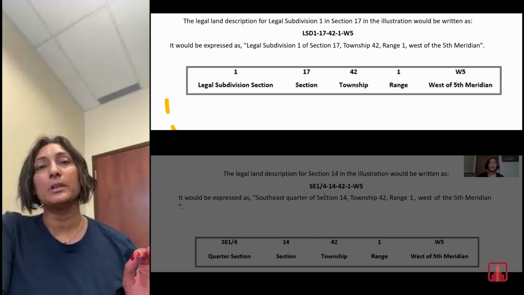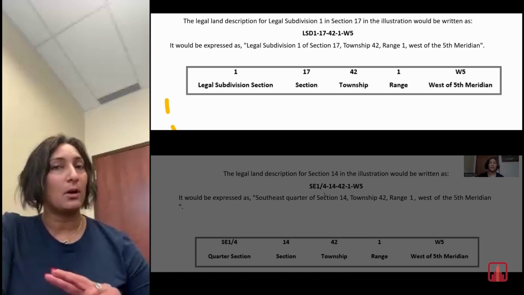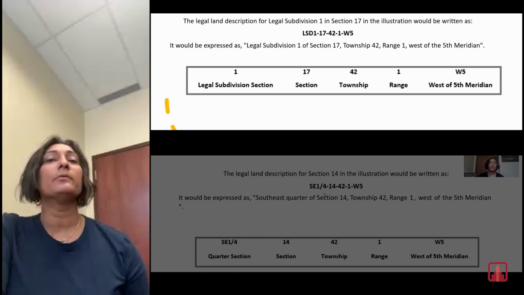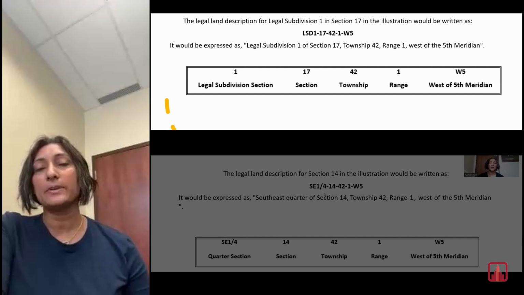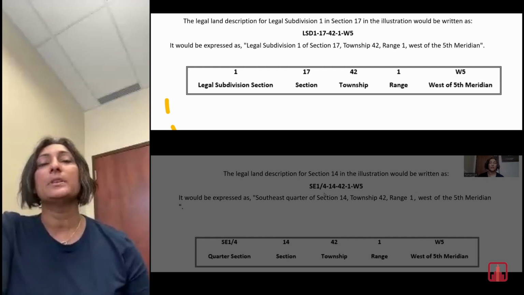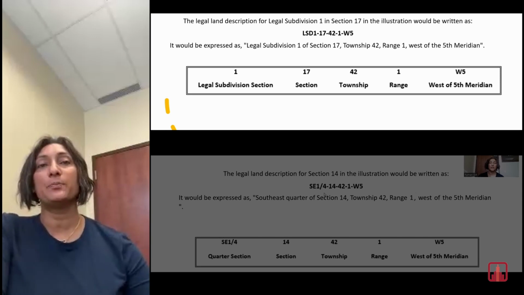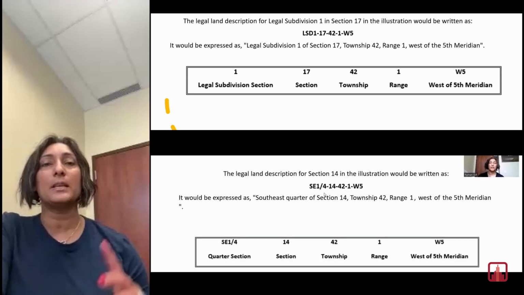That will be the number for the legal subdivision. So write those down. If it says LSD 17, the 17 will be the number of the legal subdivision. So first part is always either legal subdivision or a quarter section.